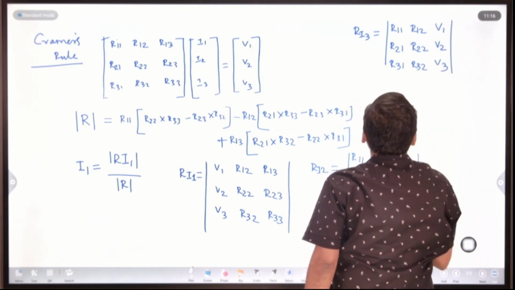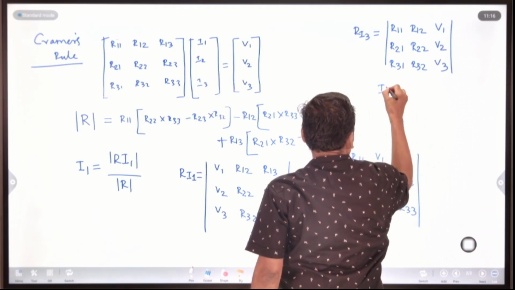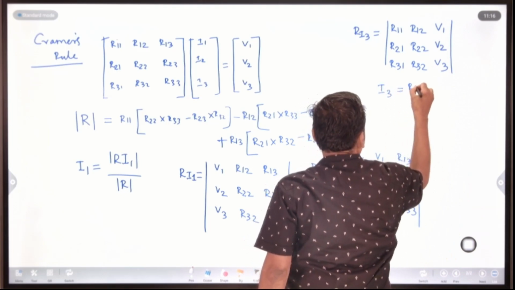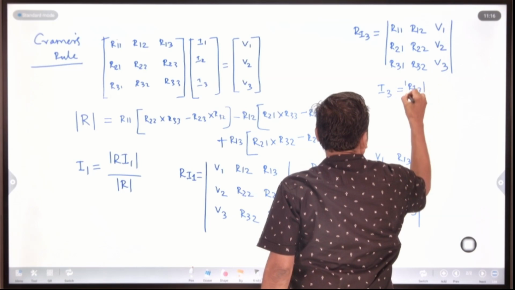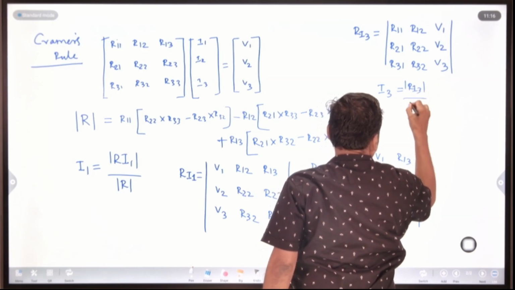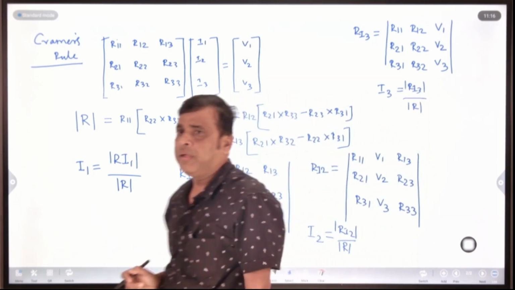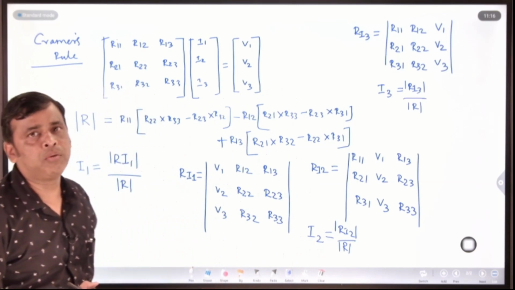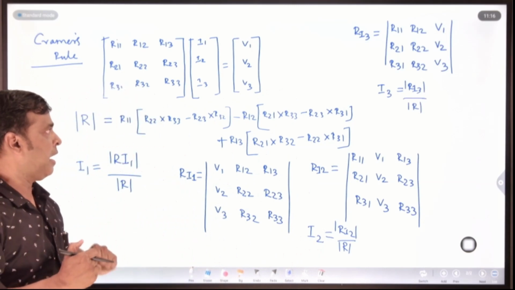This is your Ri3, and I3 equals Ri3 divided by this determinant R. So in this way you can find out the value of I1, I2, I3 using Cramer's rule.